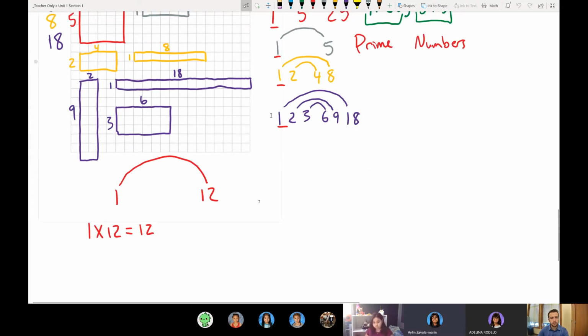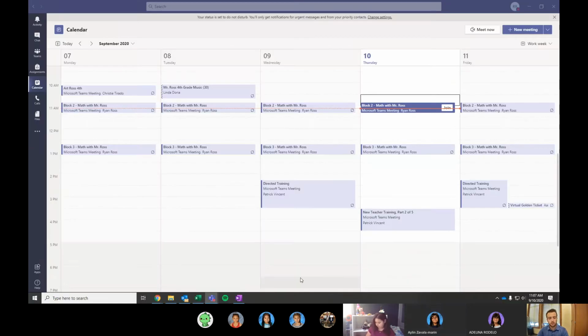The next thing we did was starting at 1. Well, now we go to 2. Let's see if 2 is a factor. Can we multiply 2 by a number to get 12?